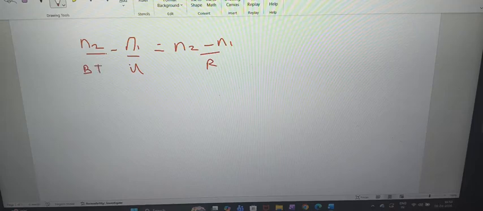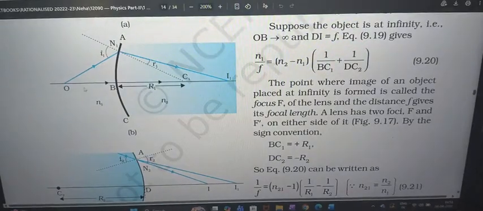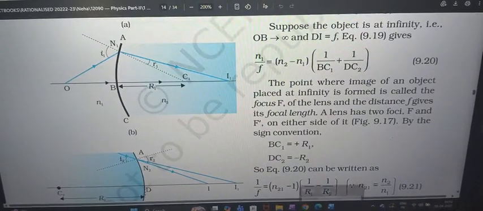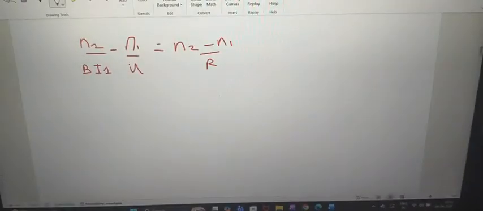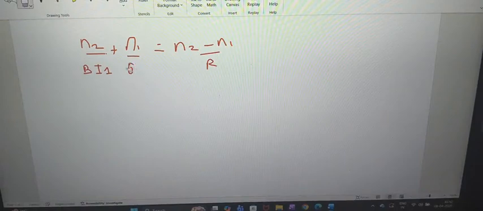Because it's towards the right, we can consider it as positive. Then the object distance U. Object distance U is OB, and it has to be considered negative because it's towards the left. So I can simply make it positive because negative will become positive, and this is OB. Now what will be the radius of curvature?